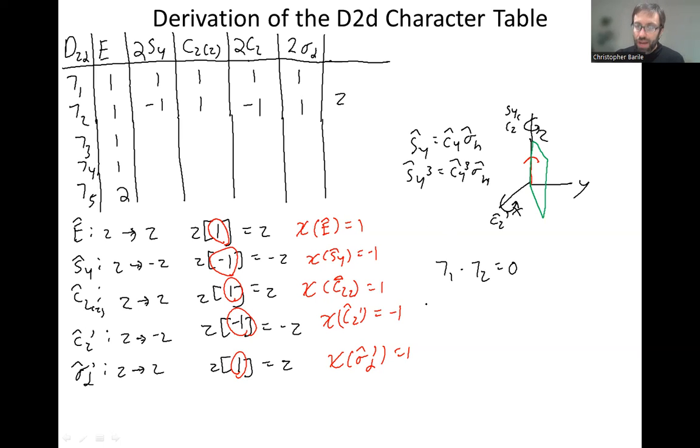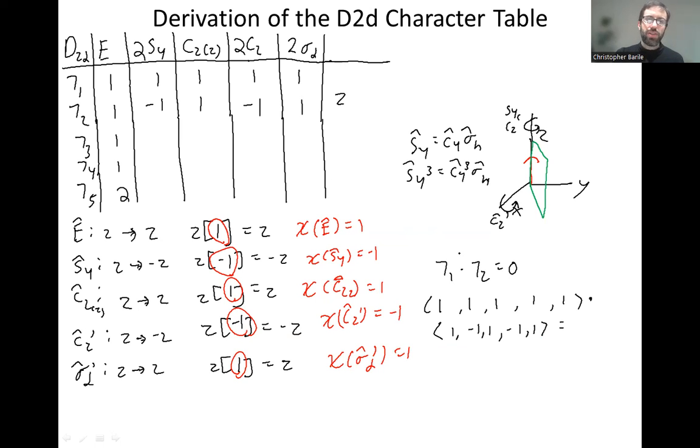So let's write out gamma 1. I'm going to add some space here, and I'll show you why in a little bit. We have the vector 1, 1, 1, 1, 1, and we're dotting it with gamma 2, which is 1, negative 1, 1, negative 1, 1.